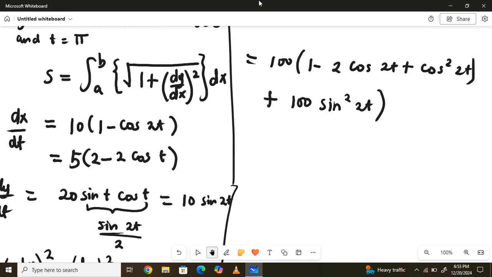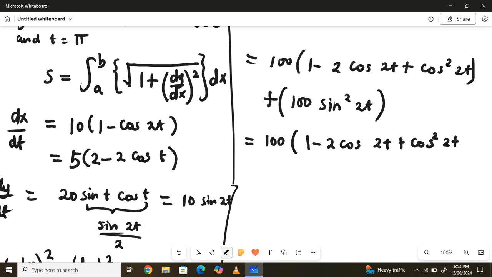We can see that 100 is common for both. We are going to factor out 100 into 1 minus 2 cos 2t plus cos squared 2t plus sin squared 2t.